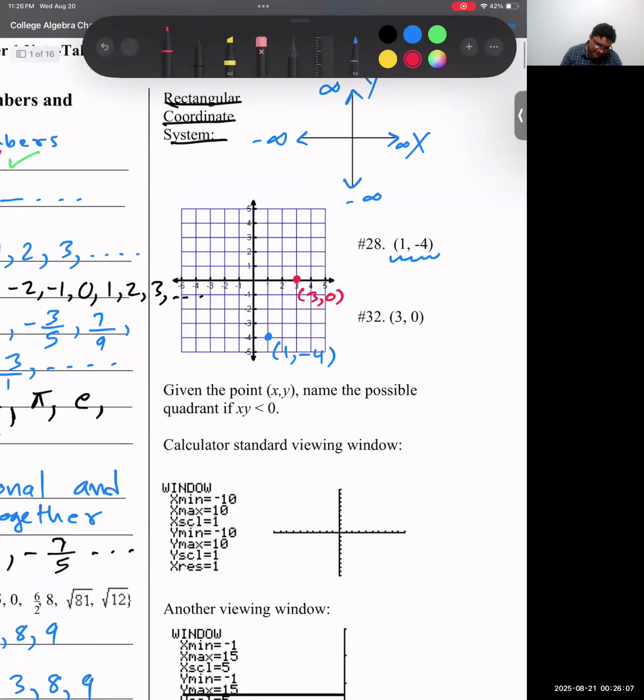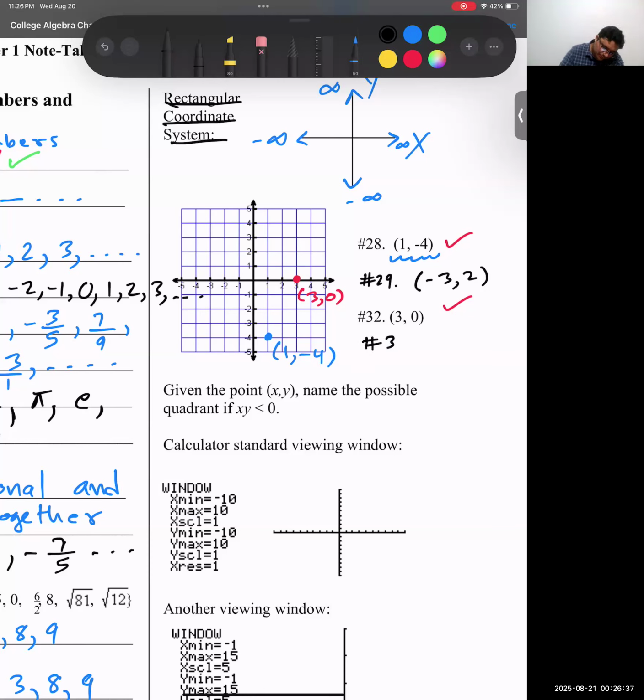And I want you to do this exercise. I'll give you some more points. Okay. So we did this. Let's write some more. So let's say I simply call it number 29. I want you to mark -3, 2. Plot it, and then you can check your answer with me. Do it yourself first.